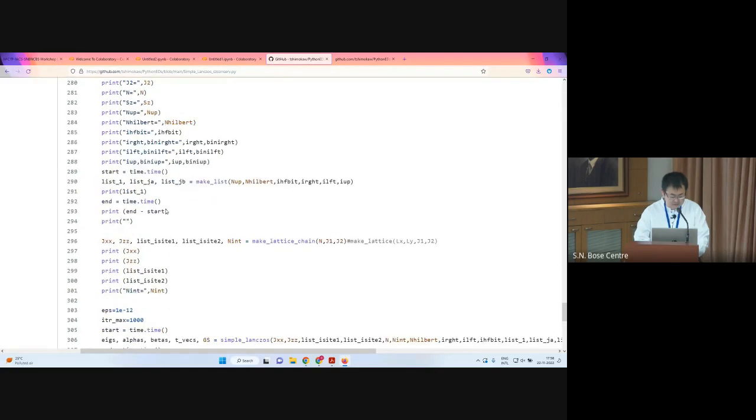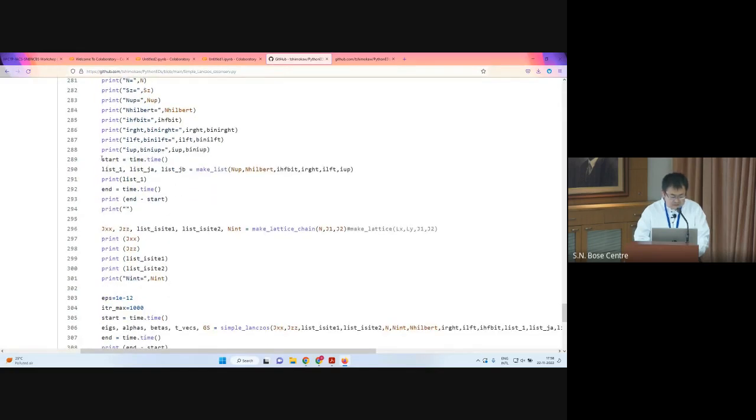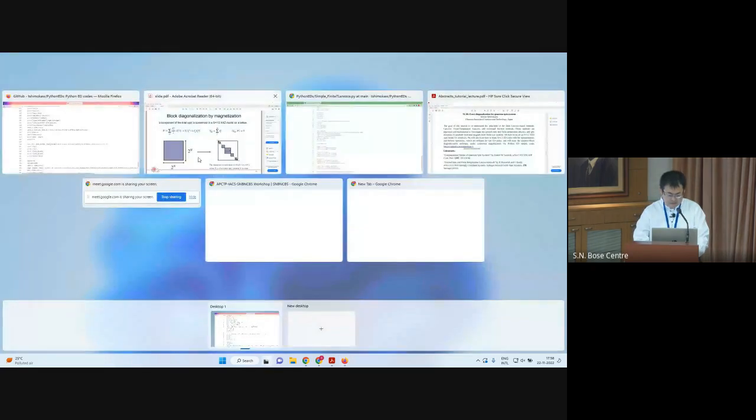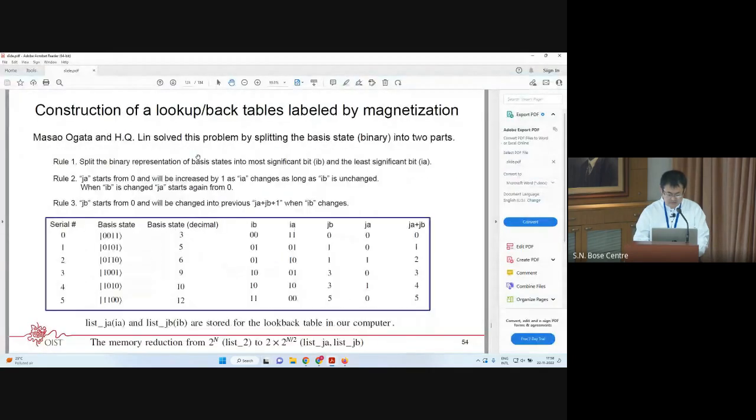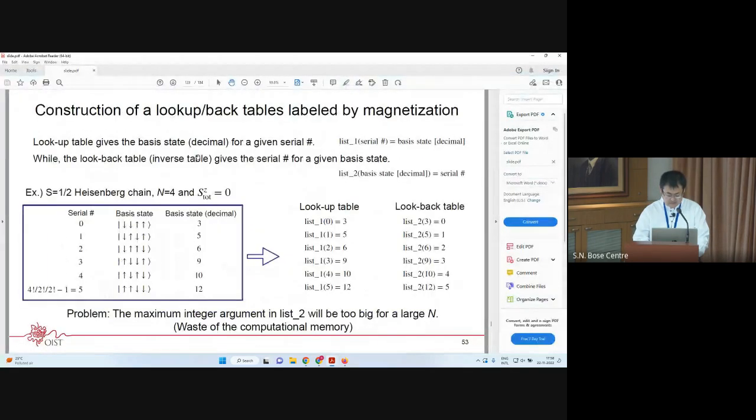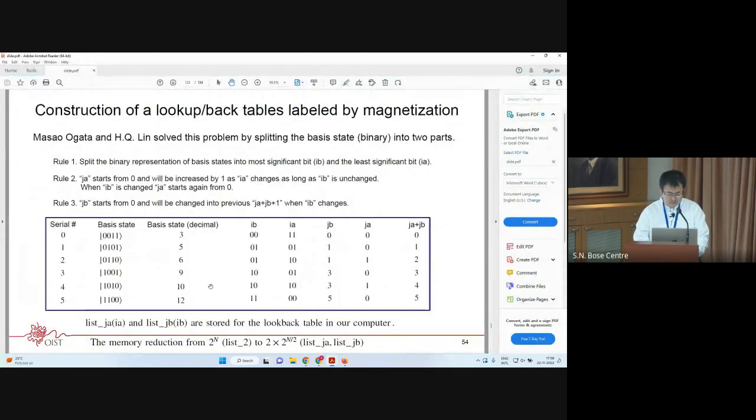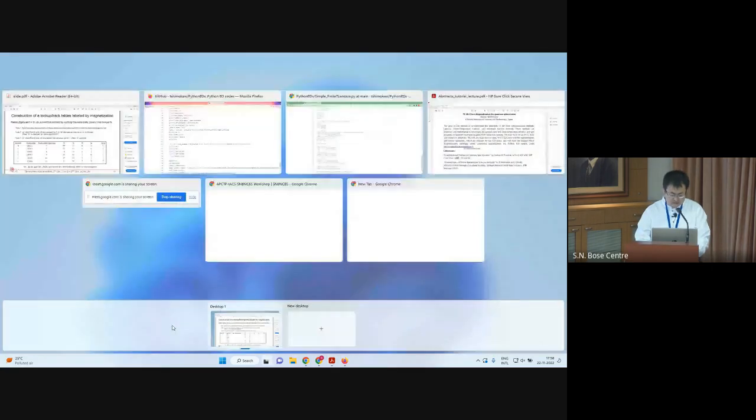This part means that we are evaluating the time to construct the lookup and lookback tables. These tables, list 1, list JA, and list JB, are explained in the part 2 tutorial lecture note. Yes, list JA and list JB are needed in the ED code.